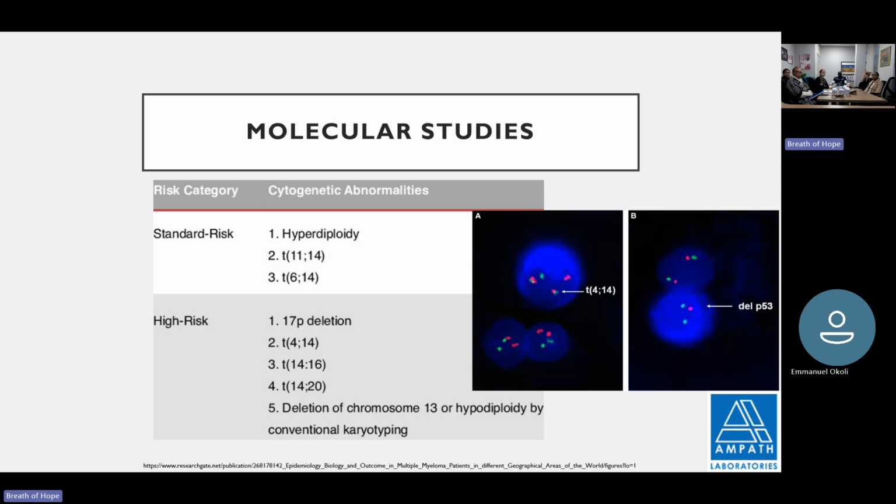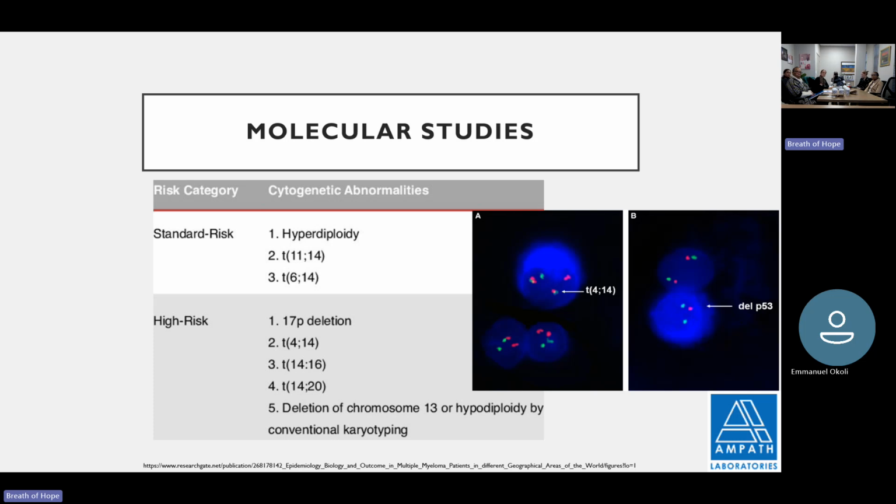And we'll look at it. So you can see when the plasma cells were produced, a somatic mutation occurred, causing the increased production of non-functional immunoglobulins. In FISH, just as an example, they use specific markers, like in that translocation 4;14. The green identifies your chromosome 14, and the red marker or probe will be your chromosome 4.